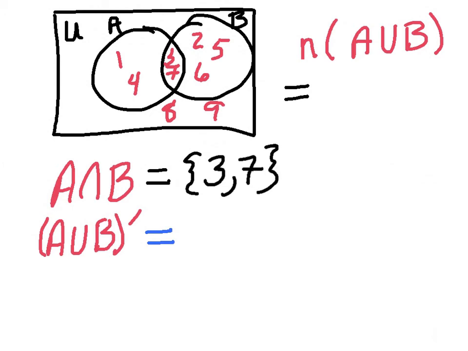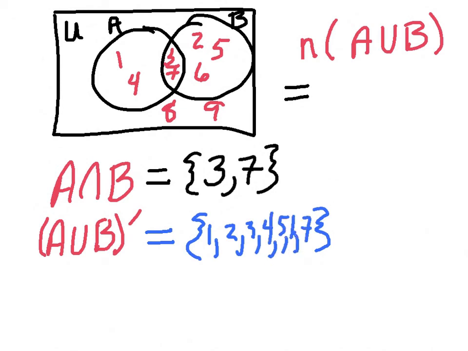So what about A union B complement? One of my tricks when I do a problem like this is I just want to find A union B first. Well, A union B I can see is 1, 2, 3, 4, 5, 6, and 7. It's everything that's in A and B at the same time. You can see that quite easily right here, 1, 4, 3, 7, 2, 5, and 6.